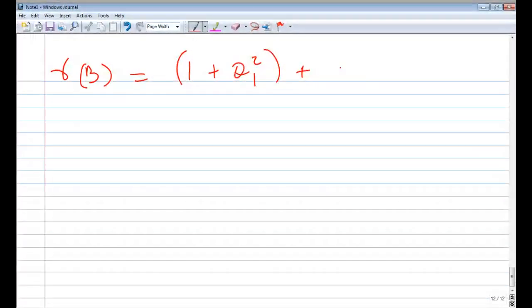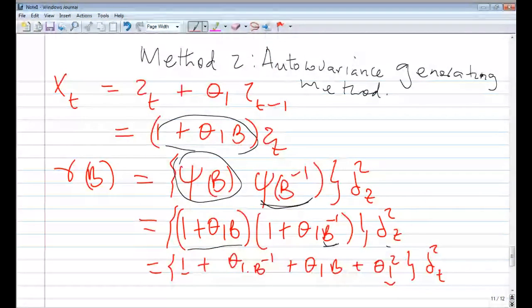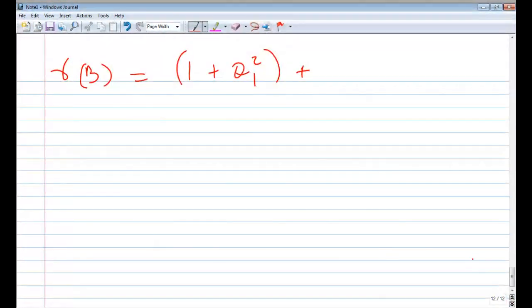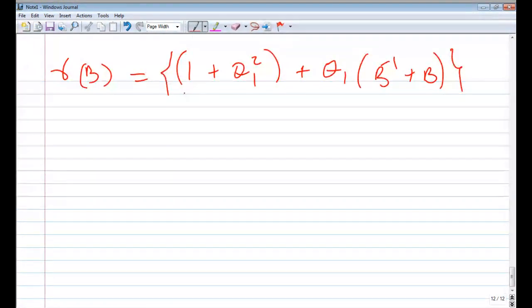Then plus, if you check here, you can find the common factor, which is theta 1. So get the common factor there, which is theta 1 times B inverse plus B. Then you multiply by sigma squared Z. This is what I did. Do you follow?